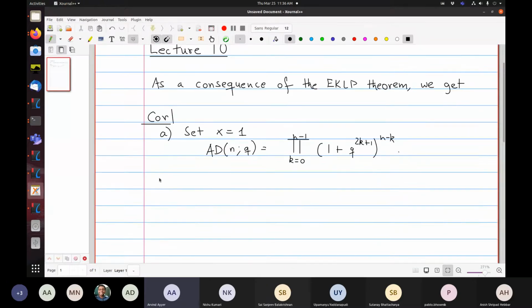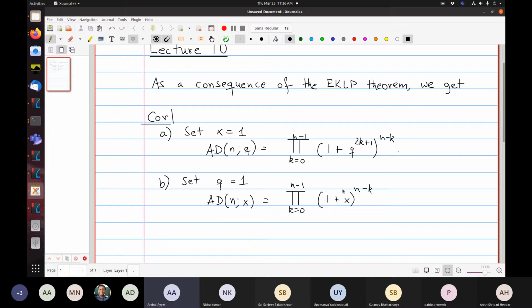So that's easy. If you set q equal to 1, you get AD of n, x. So here you are not counting the rank, you are just looking at the number of vertical dominoes. So then you get the product over k equals 0 to n minus 1 of 1 plus x to the n minus k.